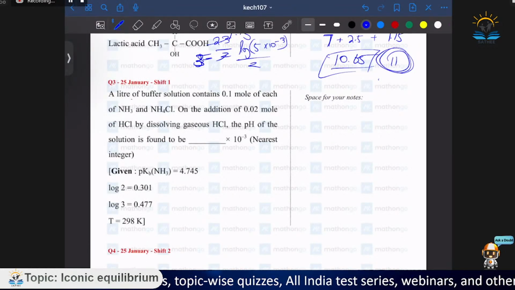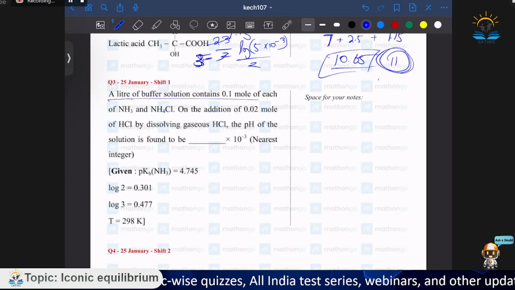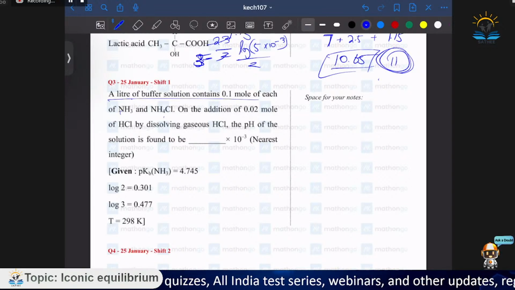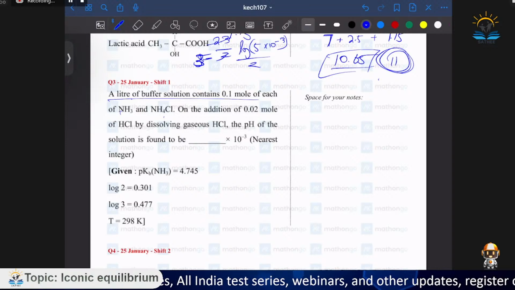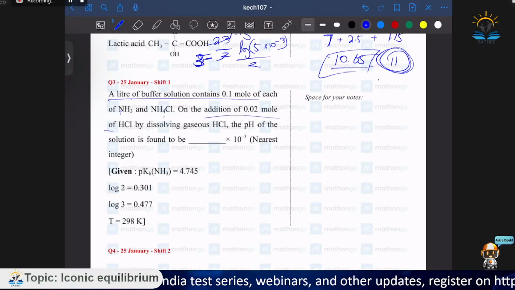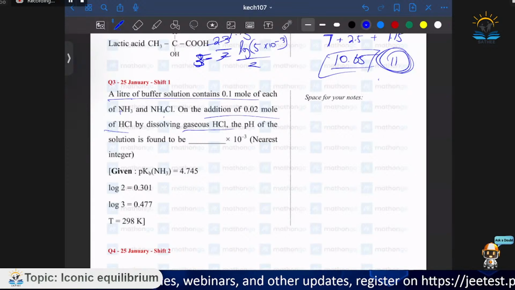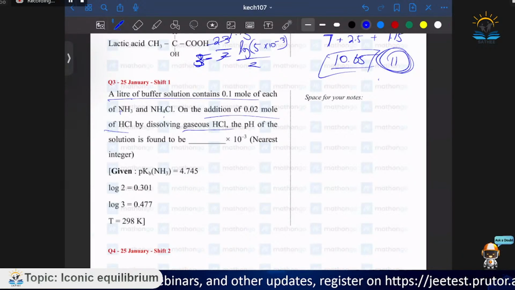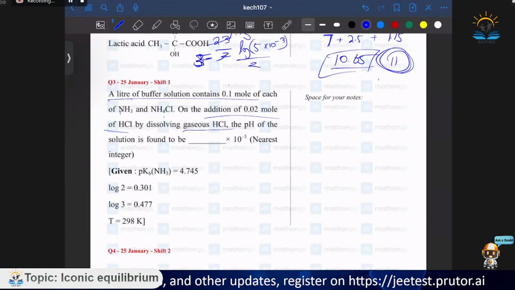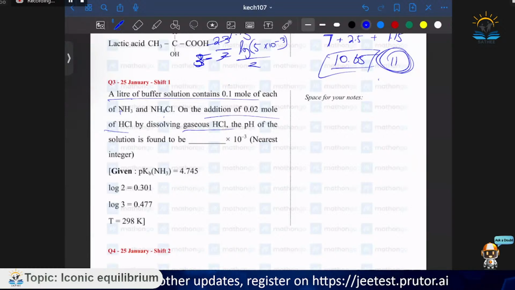Next question: a liter of buffer solution contains 0.1 mole of this and this. This is again a conjugate acid base pair. You add gaseous HCl by dissolving it. The pH of the solution is found to be? If 0.1 mole of each is there, the concentrations are equal.